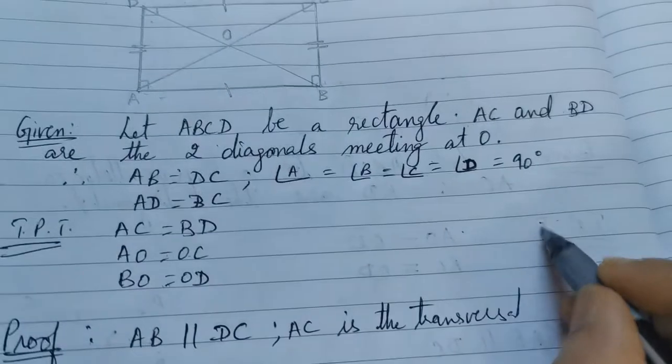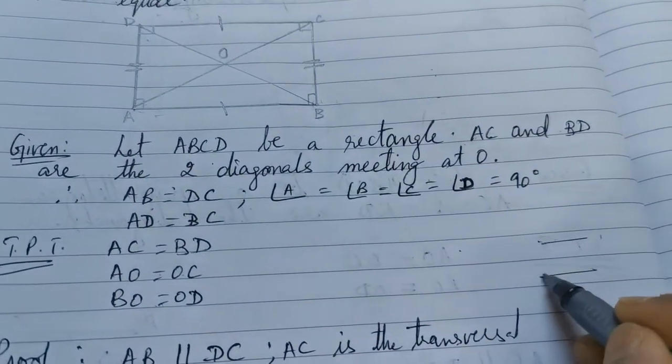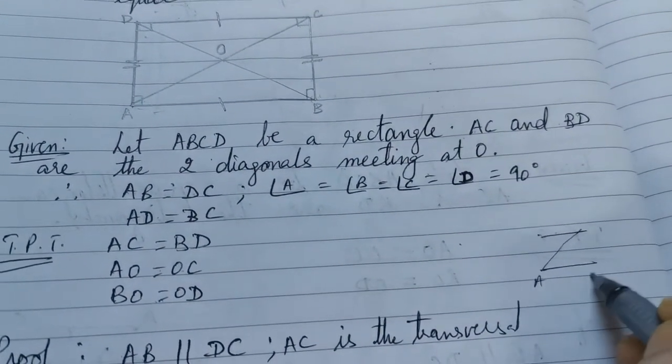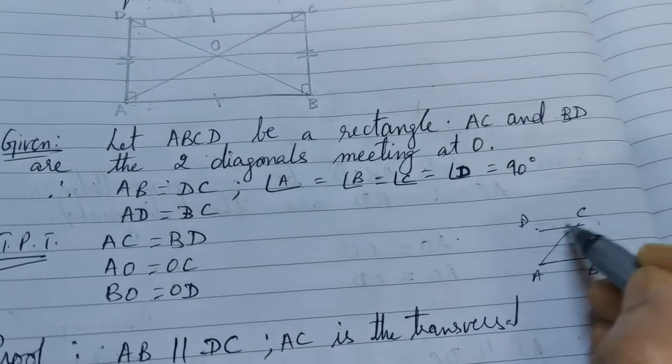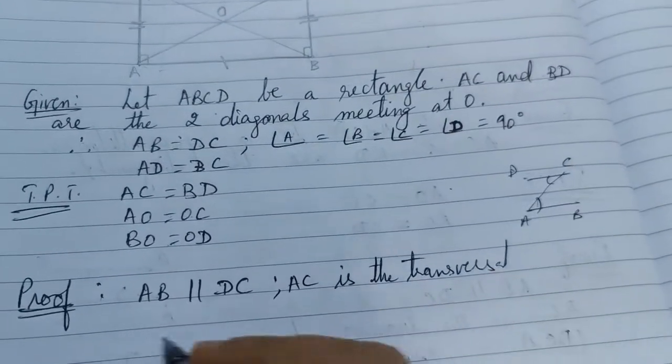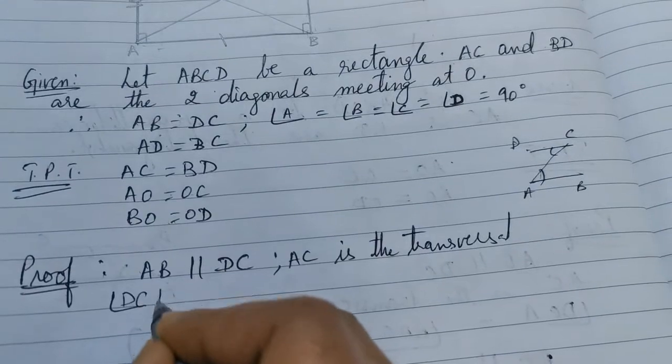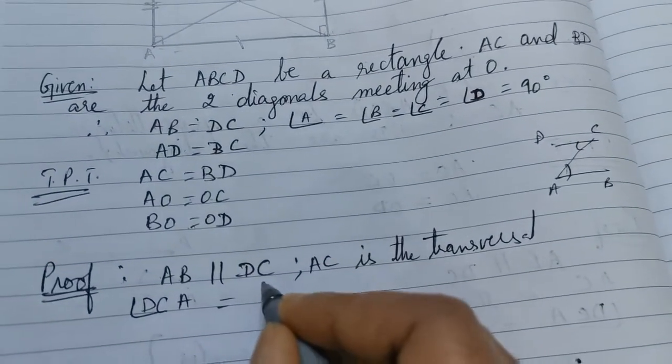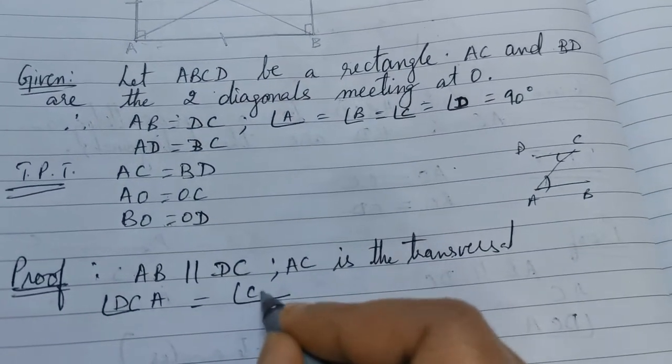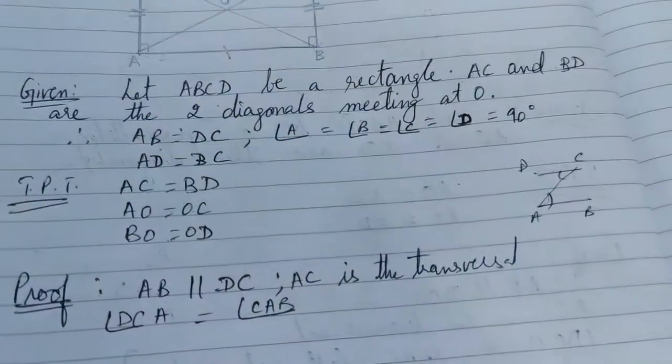So I have AB and DC and the transversal AC. These two angles are alternate angles. Angle DCA is equal to angle CAB from this figure.